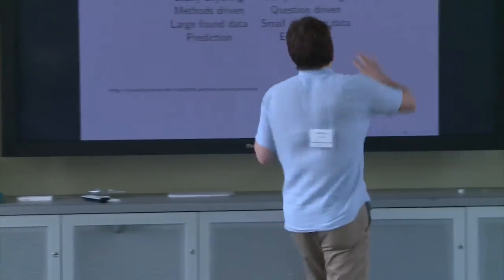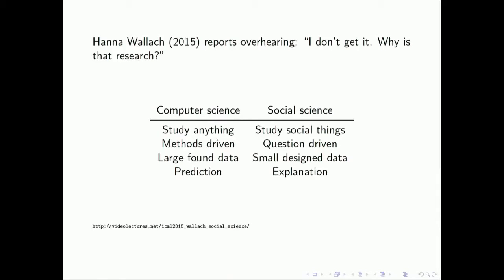And so Hannah has this nice way of thinking about these different styles. Social scientists generally study social things. It's generally question-driven, like they care about the actual research question, not necessarily so much about the methods. It usually uses small designed data sets, and it's generally focused on explanation, which is hard to know exactly what that means, but that's the goal, to understand something.